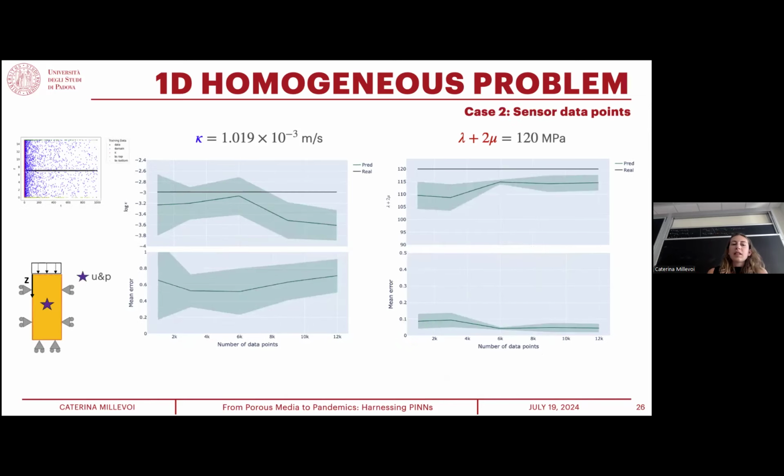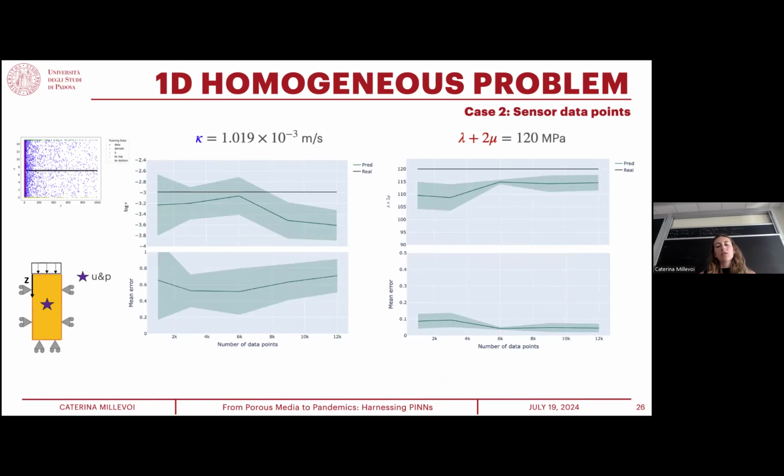But in a realistic case, this does not apply, because you can see that at some point, given some data, adding new data points corresponding to a fixed location does not improve your results, and does not improve your estimation of the parameters.